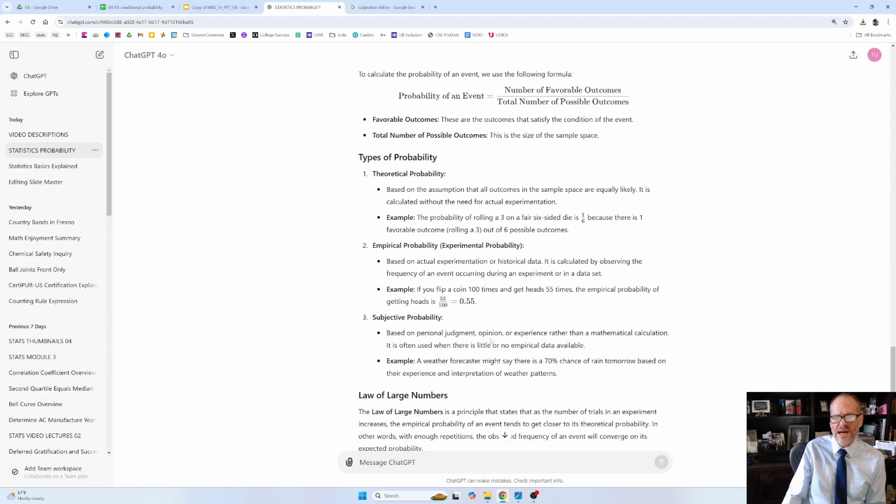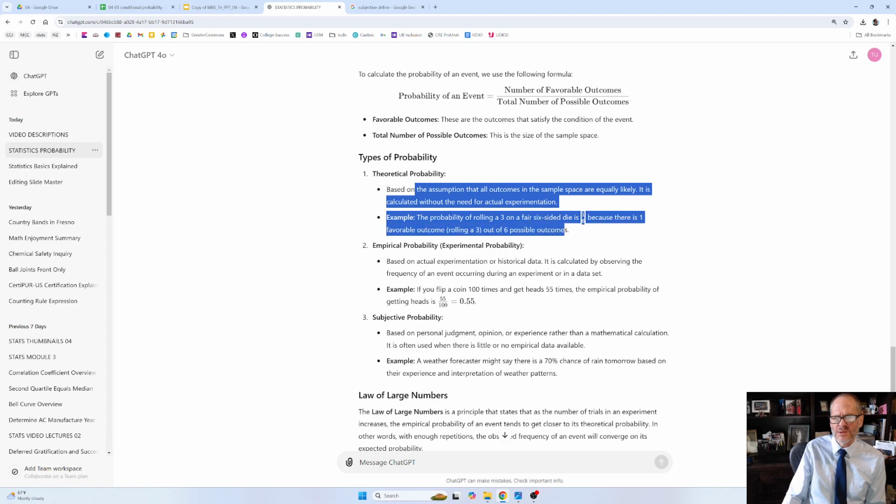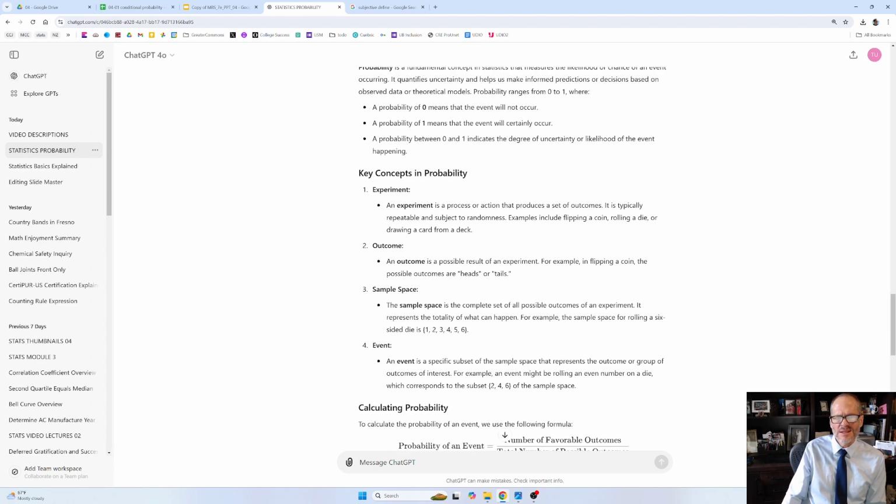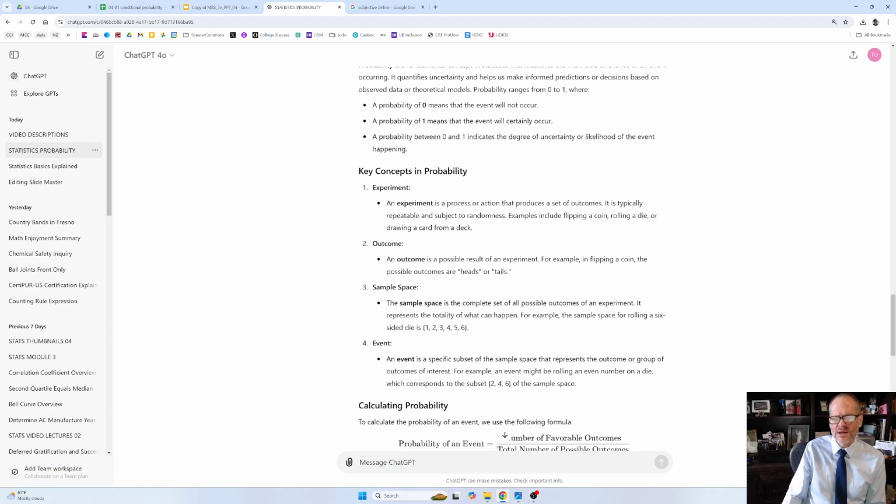And there are three ways we do that. All outcomes are equally likely to occur in the sample space. When we run an experiment, we get an outcome.